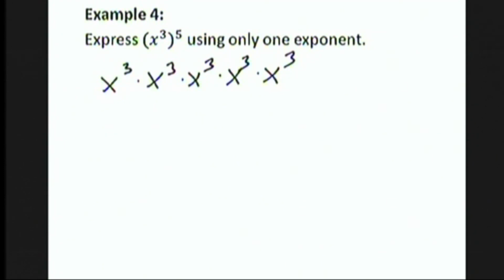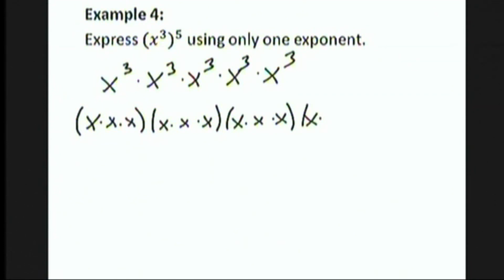And x to the third means multiply x times itself 3 times. So we have x times x times x, x times x times x, x times x times x, and we have 5 of these sequences. Okay, notice that we're multiplying x times itself 15 times.